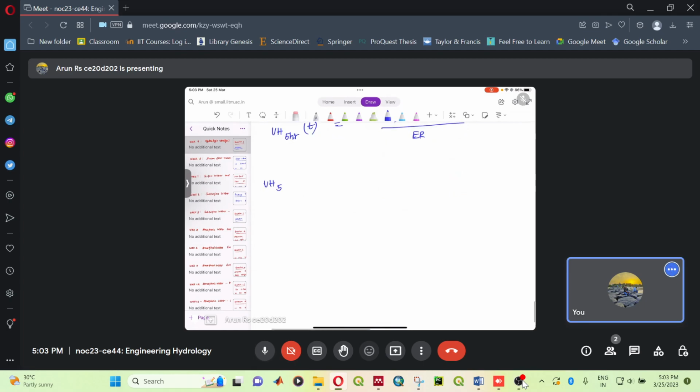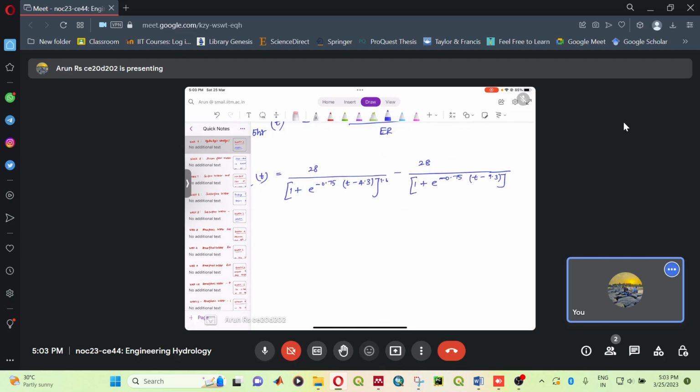So that will be UH of 5-hour as a function of time is equal to minus 28 divided by 1 plus e power minus 0.75 t minus 9.3 whole power 0.6.